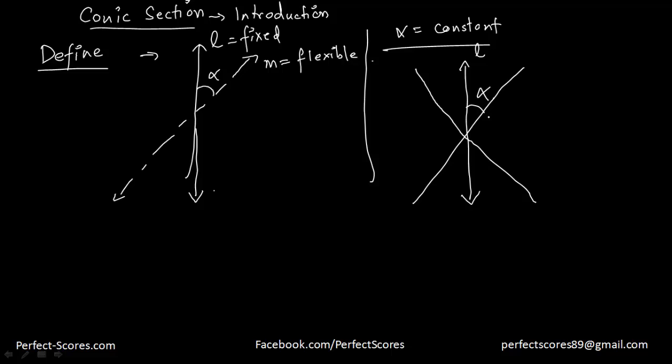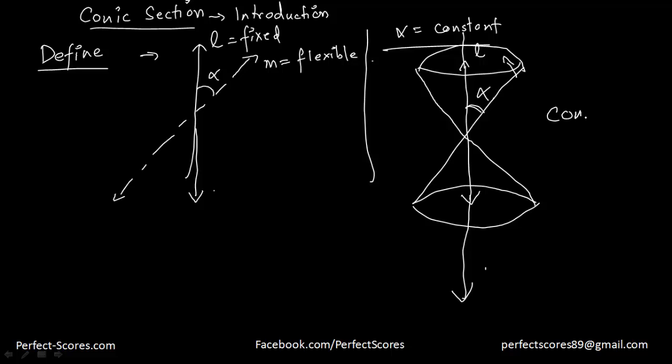If I rotate it like this, I'm going to have something like this, and at the top also something like this. So three-dimensionally, if I rotate it such that the angle alpha remains constant, this is what it's going to produce, and this is nothing but a cone.